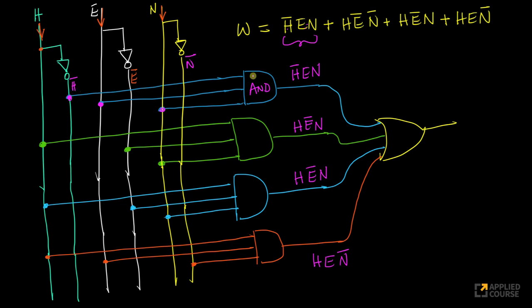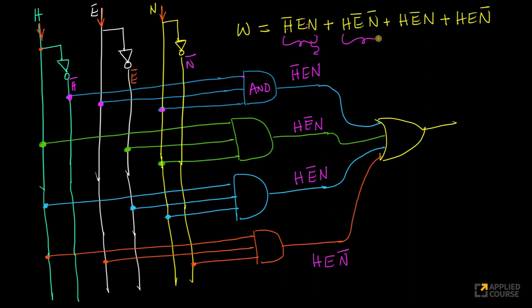Again, I can't draw a 3D diagram here. So I'm only touching this blue wire which is there. I'll touch it to H bar. I'll not touch it to any other wire, and I'll connect it to the input of the AND gate. So what are the inputs to the AND gate here? H bar, E and N. So what are you doing? You're doing logical AND of all of them. So what do you get as output? H bar, E, N. The first term you get as an output of this AND gate.